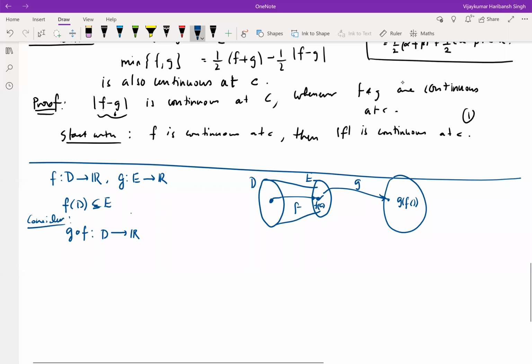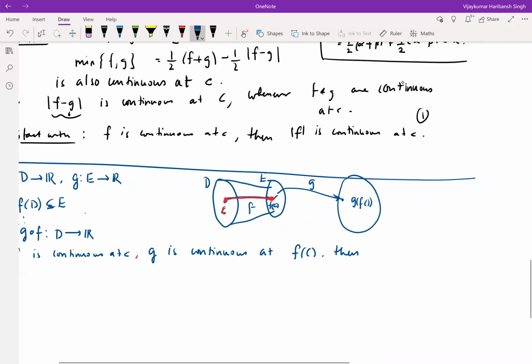Now, suppose f is continuous at C. So at C, your f is continuous. Then by f, you're pushing it to f of C. And then suppose g is continuous at f of C. Then what?